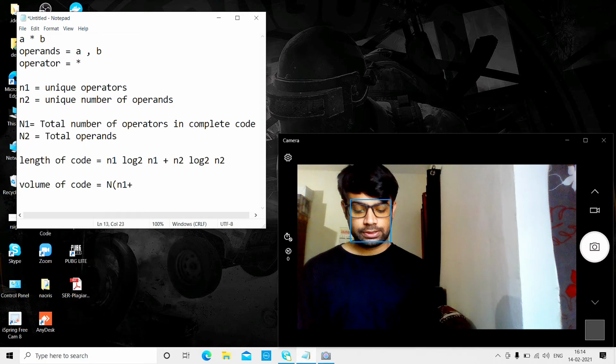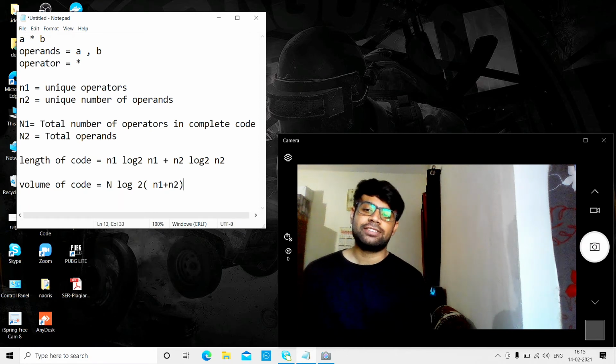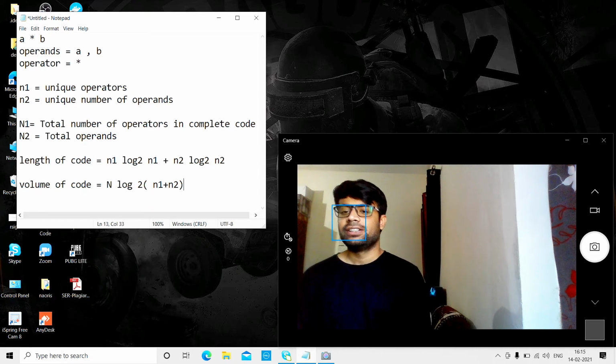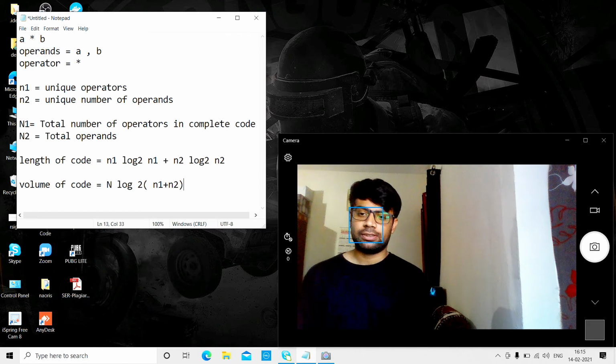Okay, so these two formulas, the first for the length of the code and the second for the volume of the code, are used in the Halstead rule principle or in computer science.